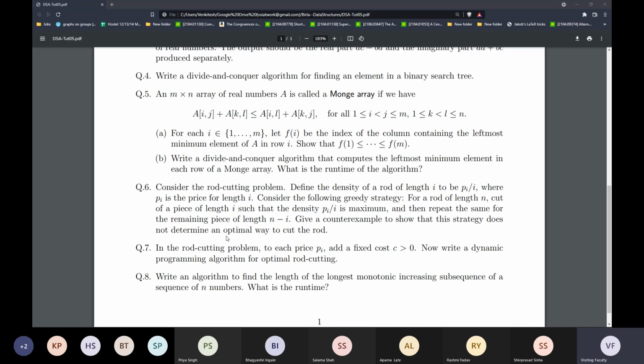The question says that there are rods and prices such that if you do this greedily by looking at just maximum density, it will not give you the maximum possible price. So give a counter example to show that this does not work.